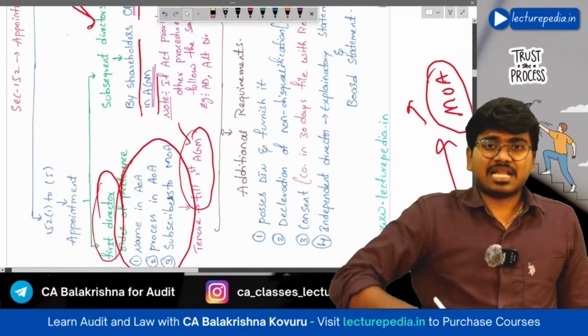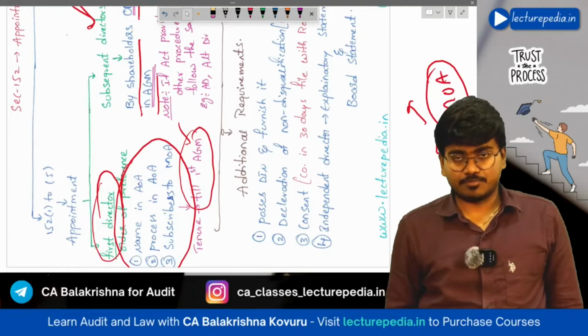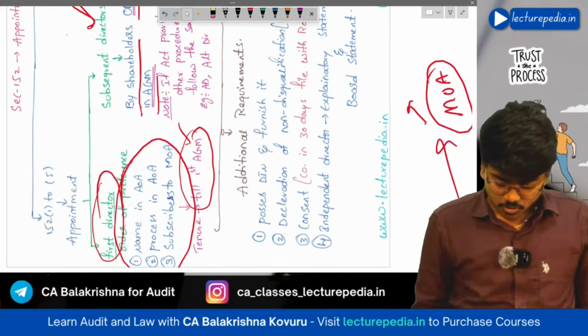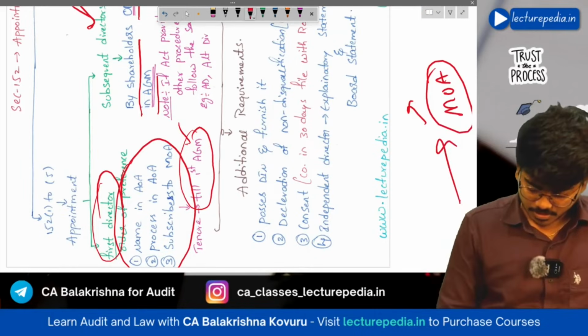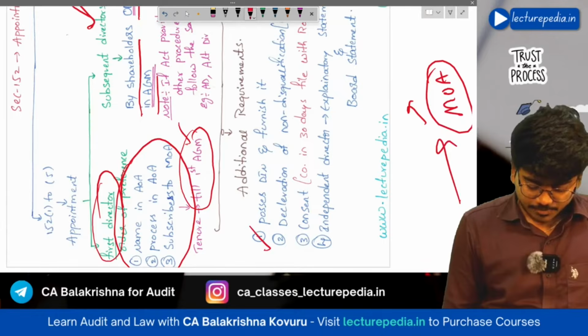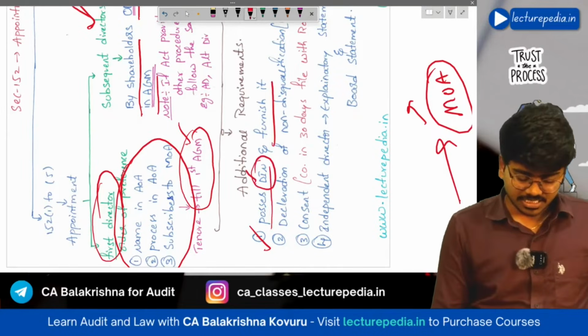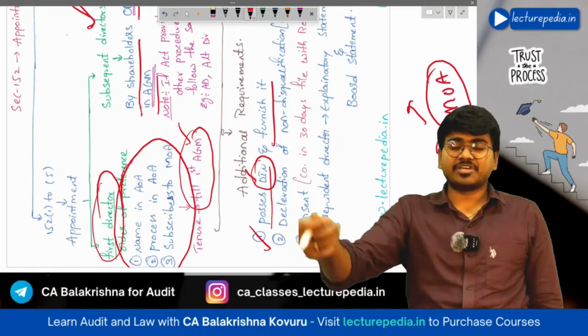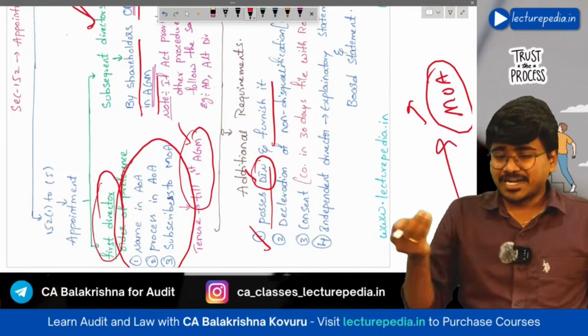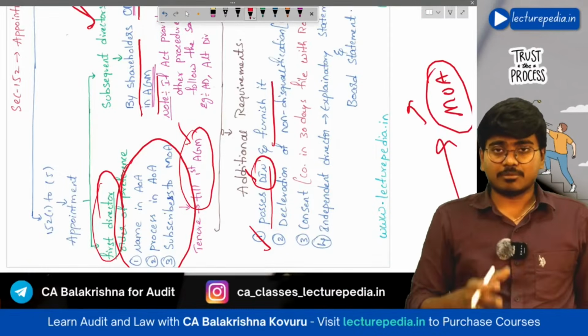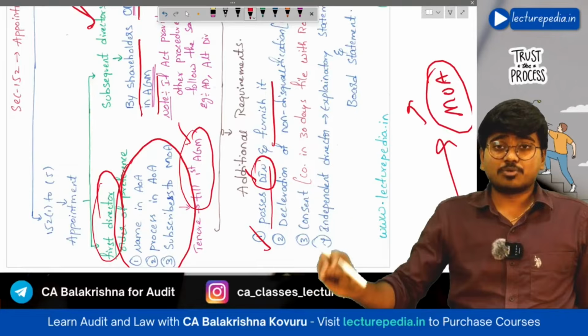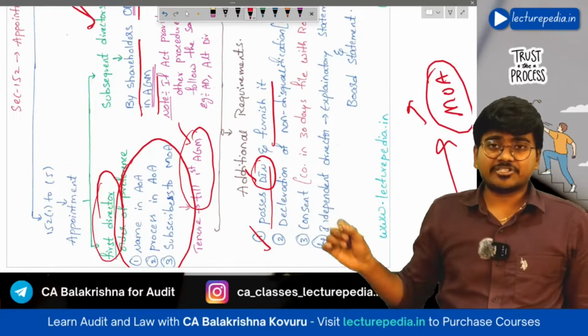Still there are certain additional requirements for appointing the director. We will see those additional requirements. Now that person must possess a DIN and he needs to furnish it. What is this DIN? DIN means director identification number. In order to appoint any person as a director of the company, that person must possess a DIN, director identification number.